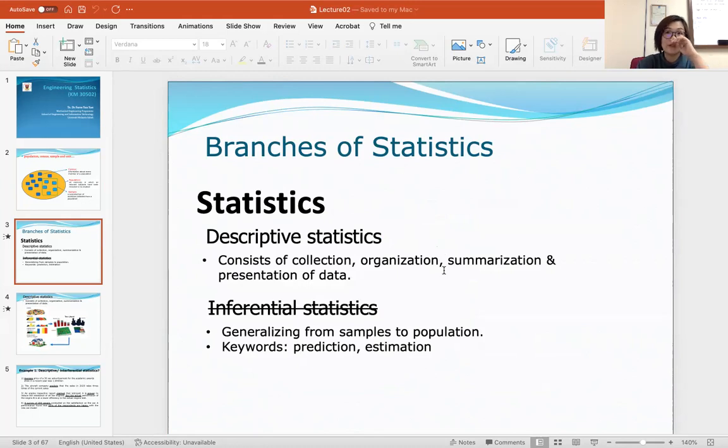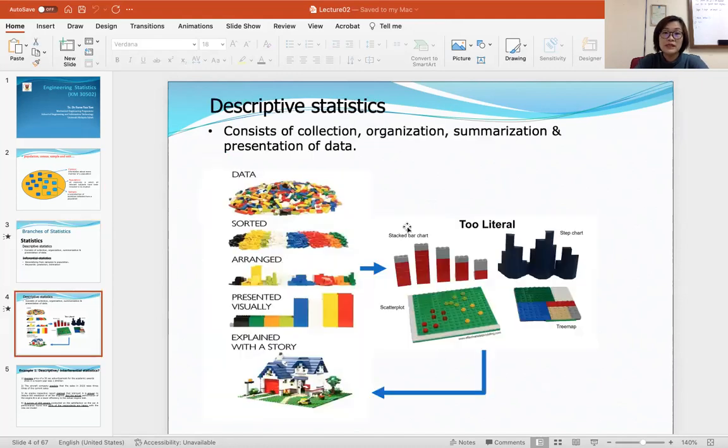Inferential is, for example, when you ask a few persons and get some feedback from a survey form, and you try to generalize that to represent the whole, which is not accurate. We usually use prediction and estimation in this part. We're not going to focus on that. Descriptive statistics is what we are focused on.